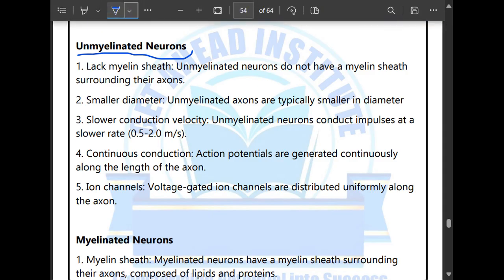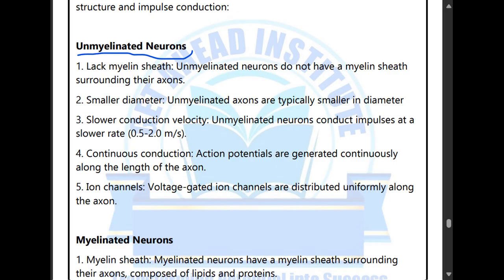When it comes to the rate of conduction, the speed, unmyelinated neurons conduct impulses at a slower rate.